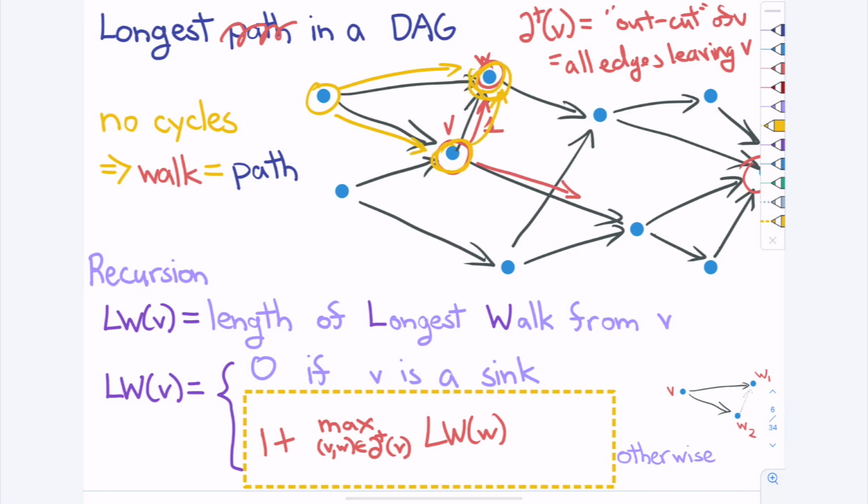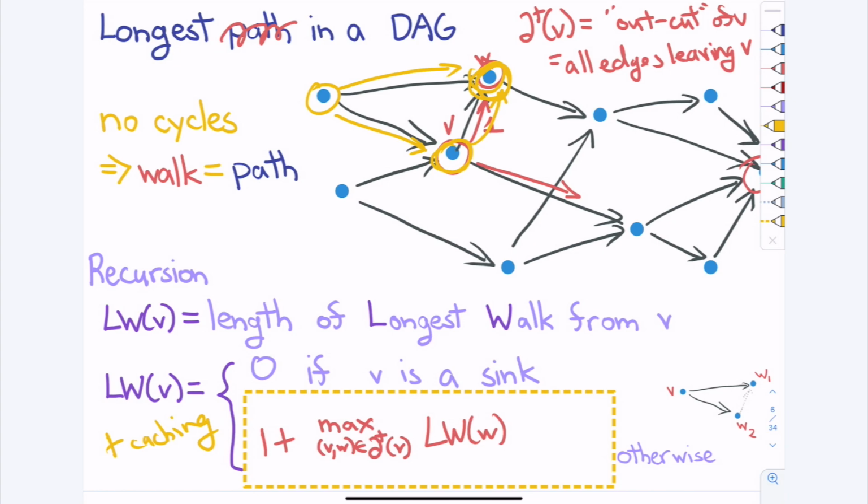So we'll find ourselves solving the same problem over and over again. So we should save our answers. We'll also add some caching, some dynamic programming on top, and never compute the same LW of V twice. All right, the algorithm makes sense?